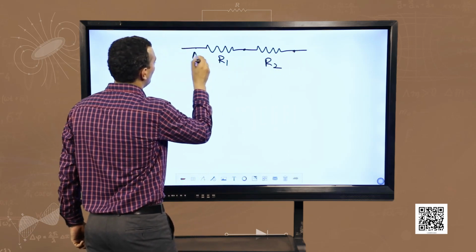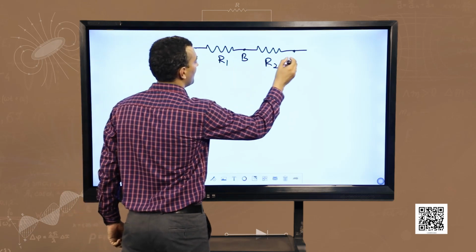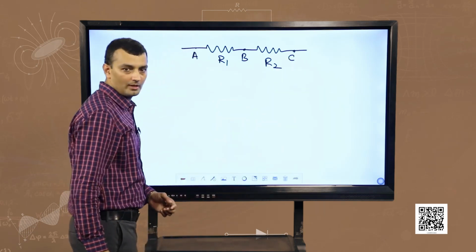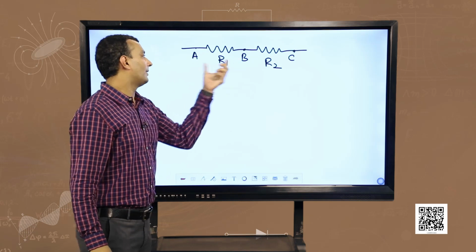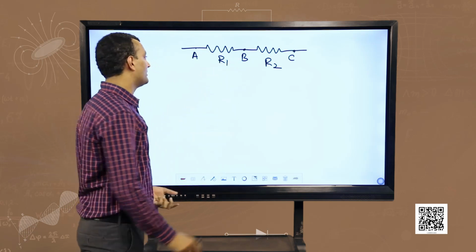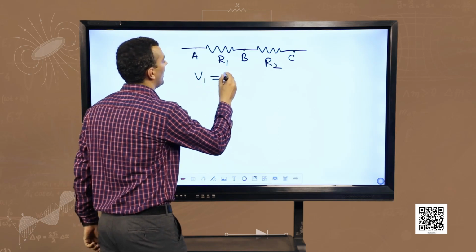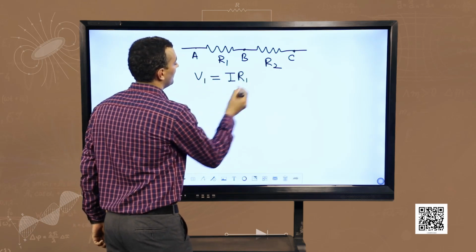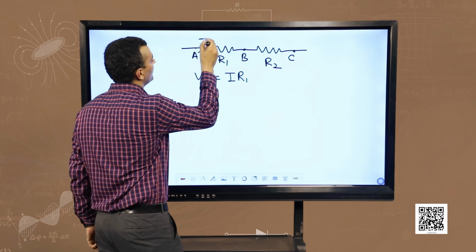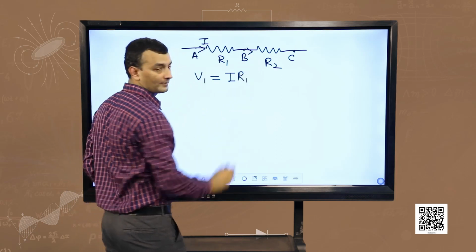Let these points be A, B and C. Now the voltage drop across the first resistor between the points A and B is I into R1, where I is the common current flowing through both the resistors.